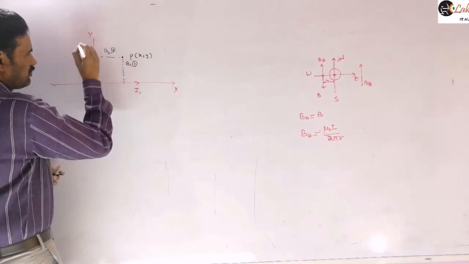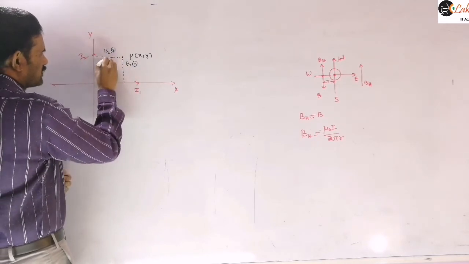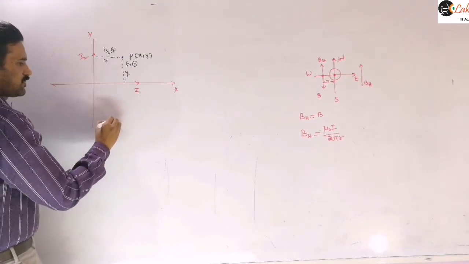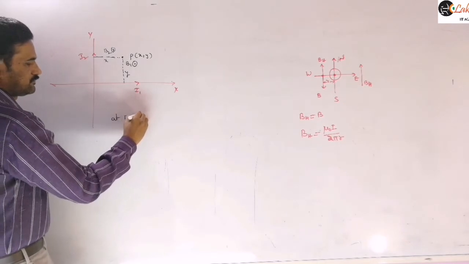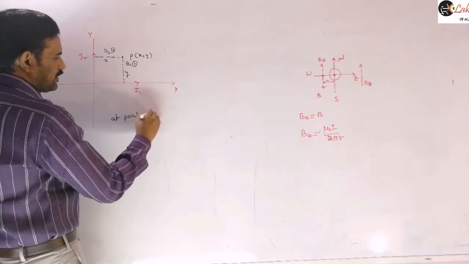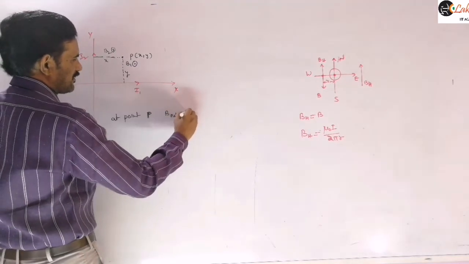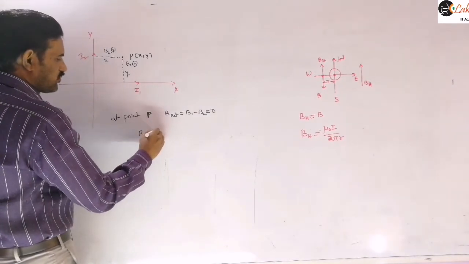Now I am writing the B1 and B2 expressions here. I can write this distance as x and this as y, right? Now at point P, the net magnetic field is B1 minus B2, which should be equal to 0, or B1 is equal to B2.